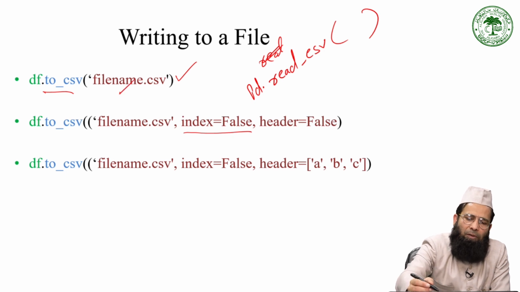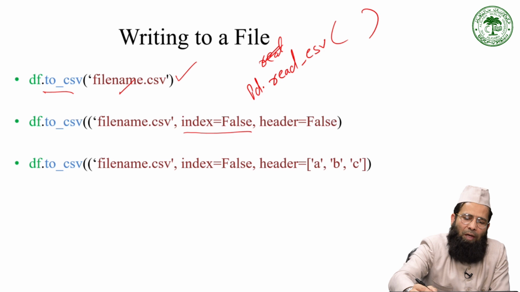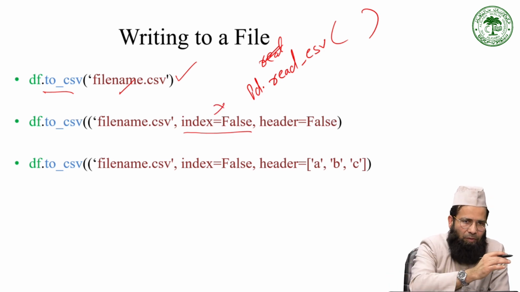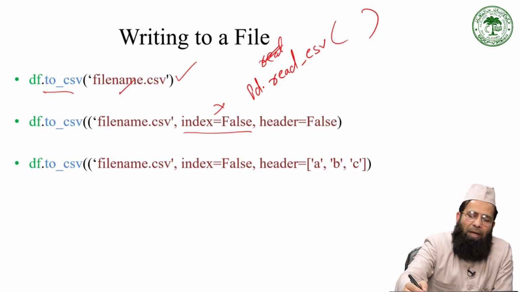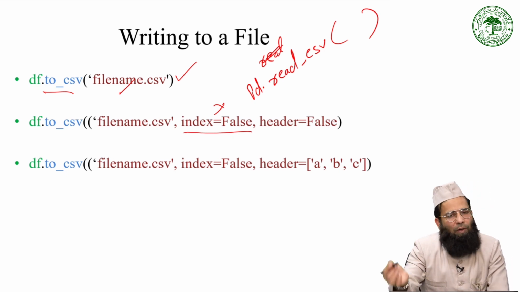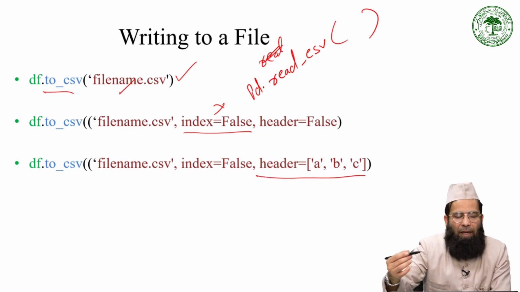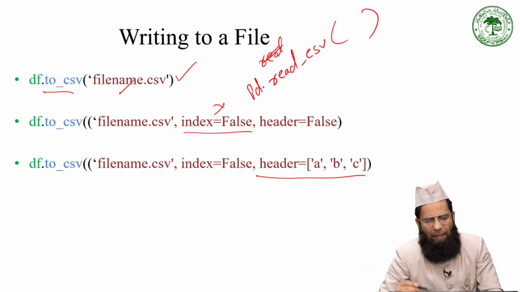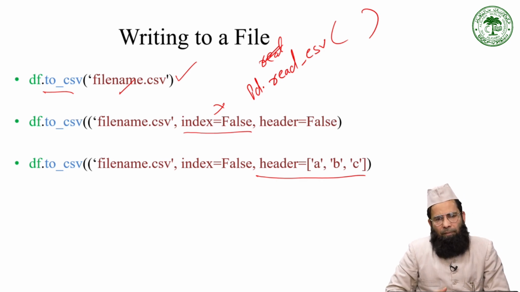Now, if you do not want indexes, then you can make it false, and header equal to false as well. If you do not want any column names, you can also make it false. And if you want a different header, then we can use this header ABC, and so on, any header. So it's a very important method as far as writing a data frame to a particular file is concerned.